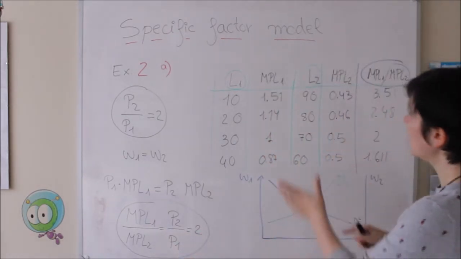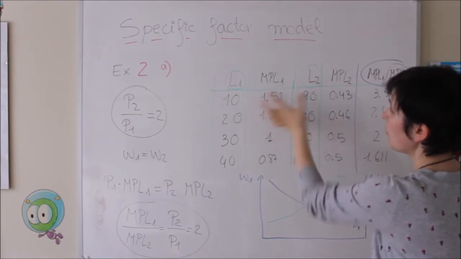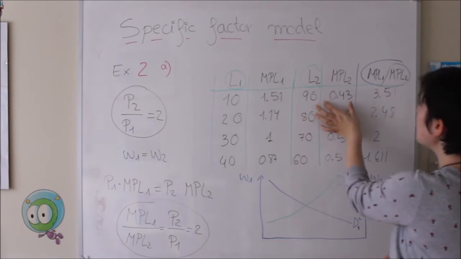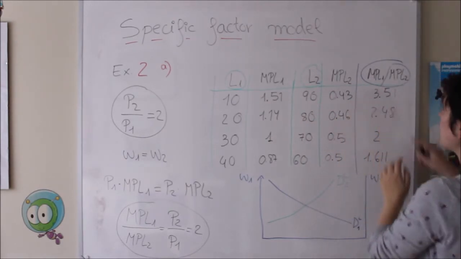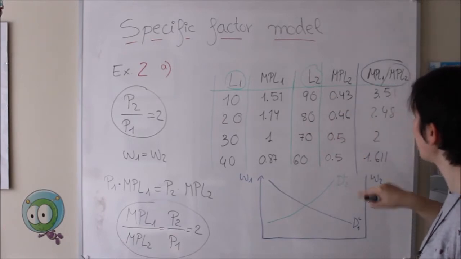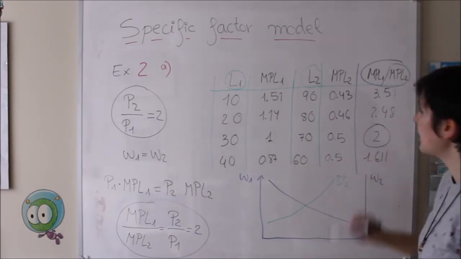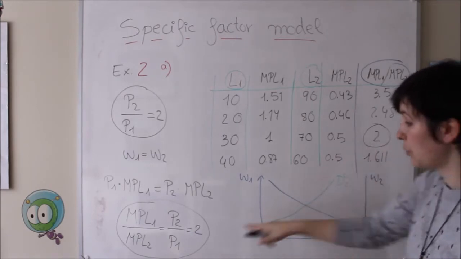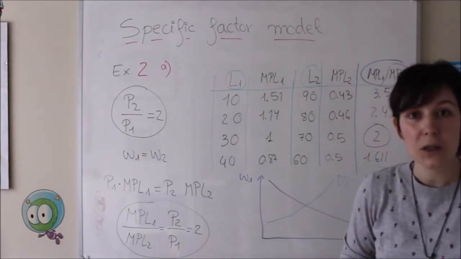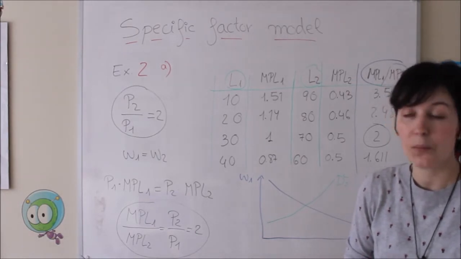So here I have this marginal product of labor for industry 1, divided by this one, which is this value. Okay, so this is the ratio of these two elements. I'm going to do that until a point in which that ratio is equal to 2. That is going to be the combination of labor which is in equilibrium.